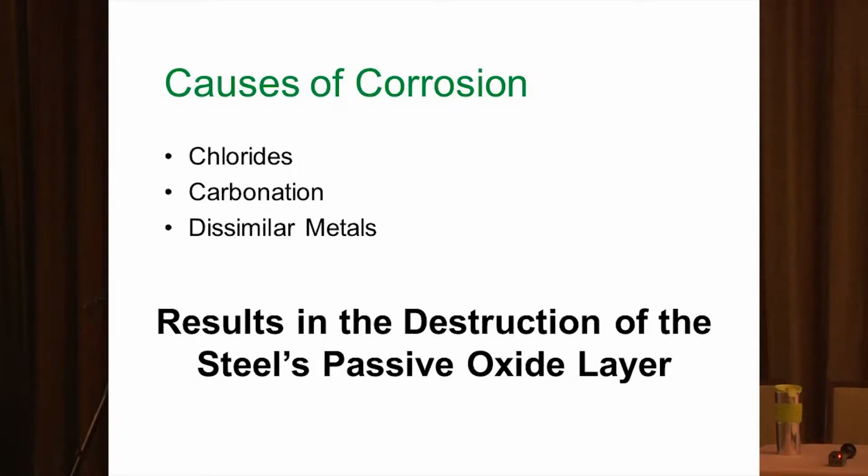When you have corrosion, in all instances, no matter if it's due to chlorides or carbonation or dissimilar metals, the first thing that happens is that you lose that hydroxyl layer that protects the reinforcing steel. When concrete is originally placed, and you've got a good high pH, you're always going to have a nice hydroxyl layer that forms around it.